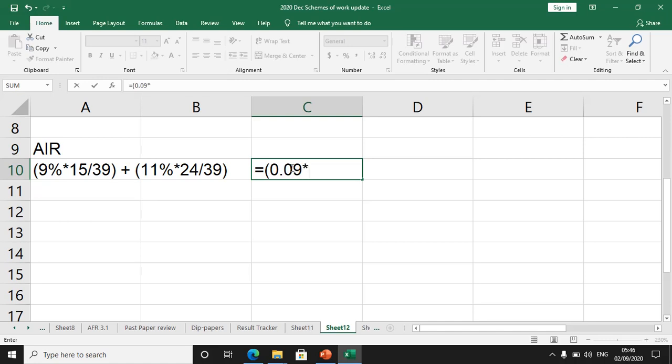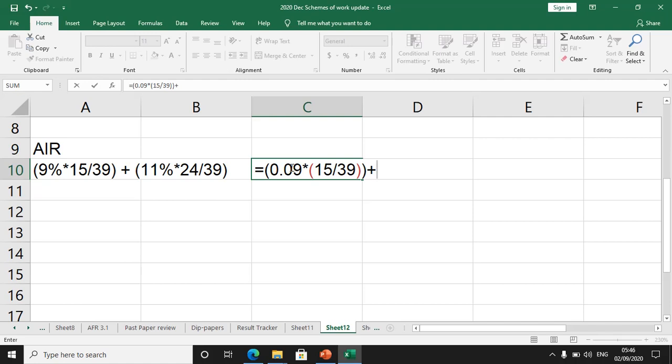Then you multiply that by 15 divided by 39. Close the brackets.